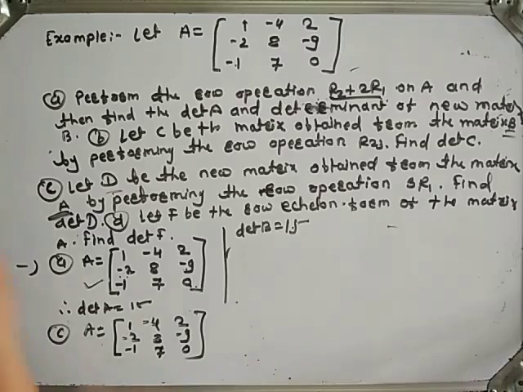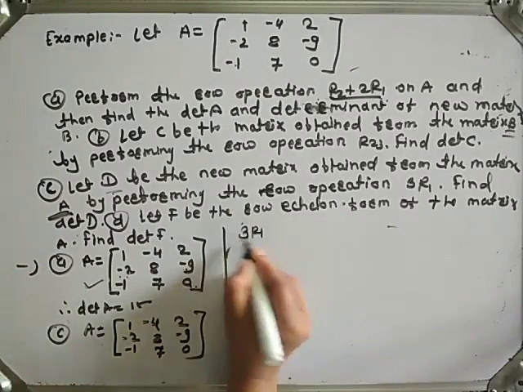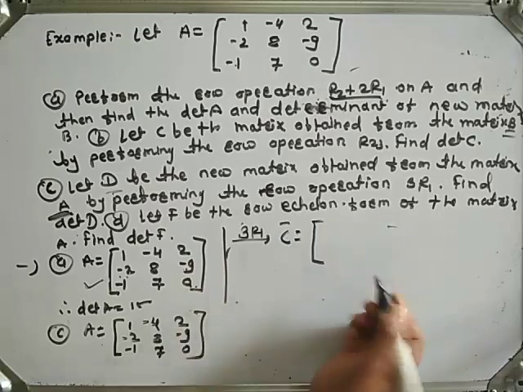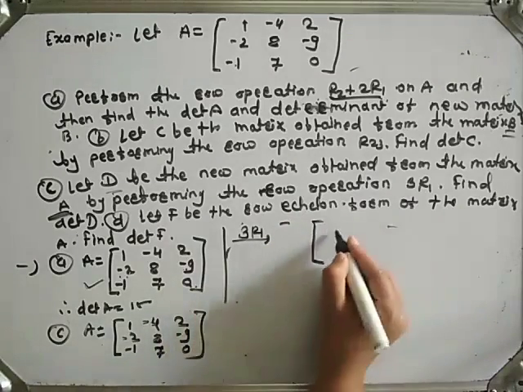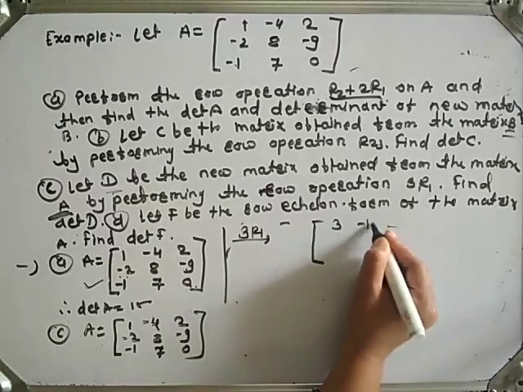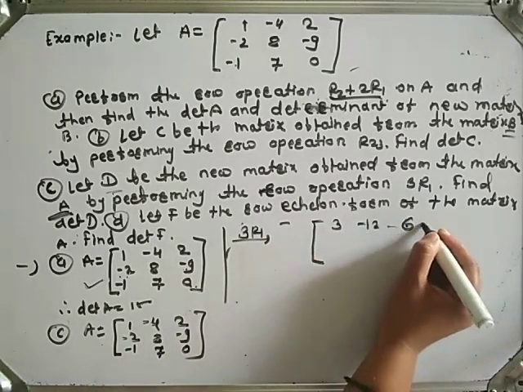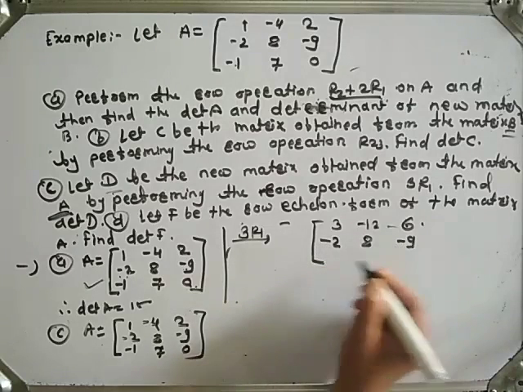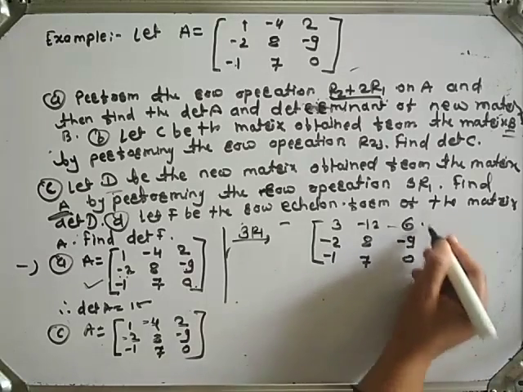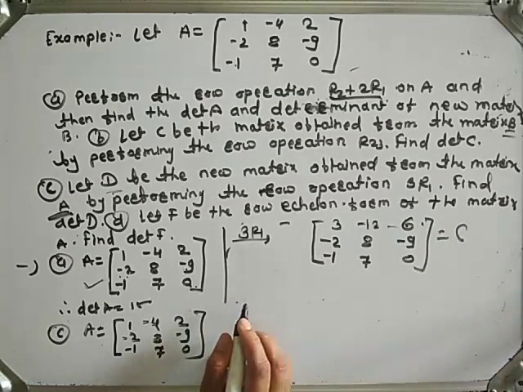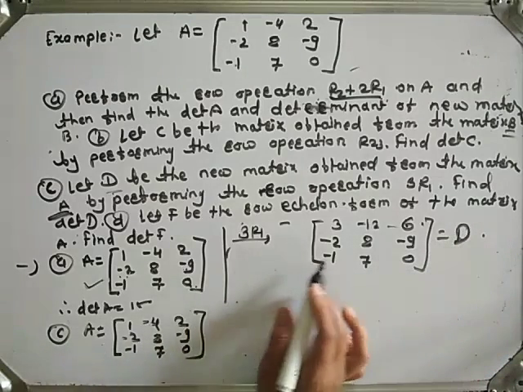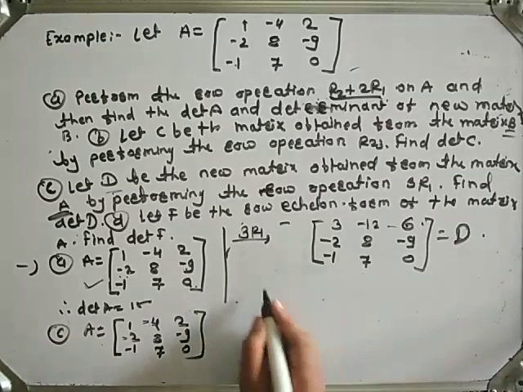We have to perform the row operation 3 into R1. 3 into R1 means 3, -12, 6. Second row is -2, 8, -9, and third row is -1, 7, 0. Sorry, this is matrix D.